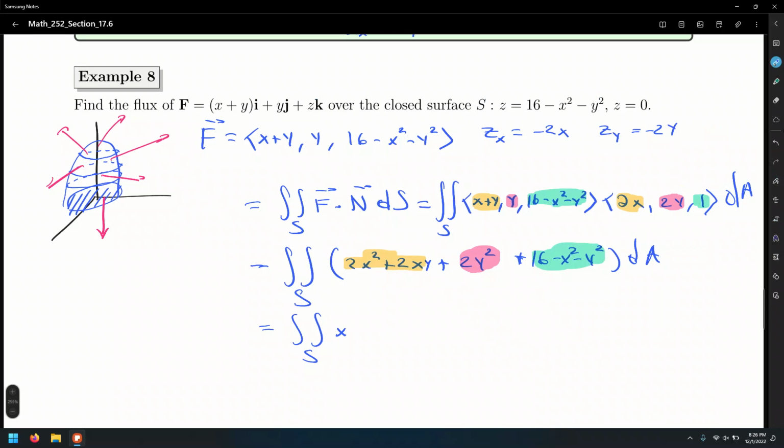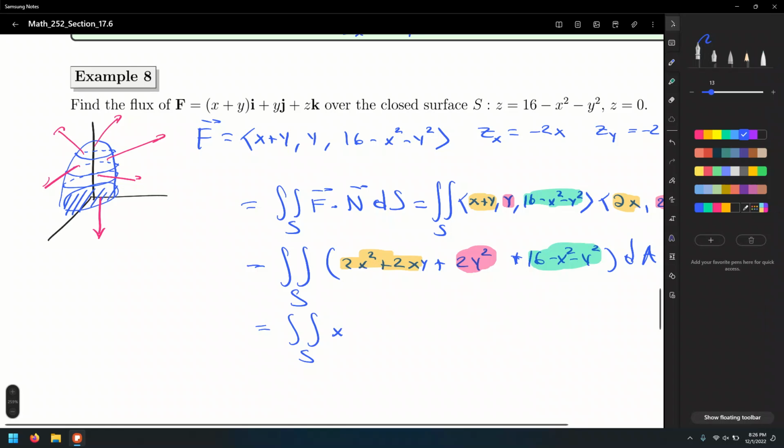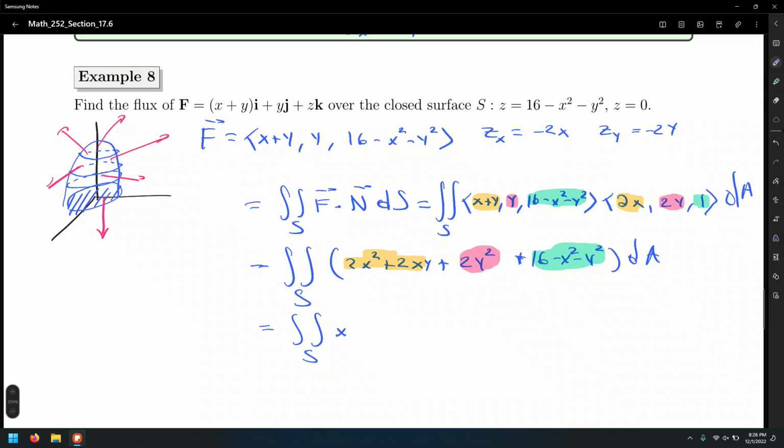okay, combining like terms. 2x squared right here minus an x squared, that's going to be 1x squared, right? x squared plus 2xy, and 2y squared minus y squared, that's another y squared, and plus 16.